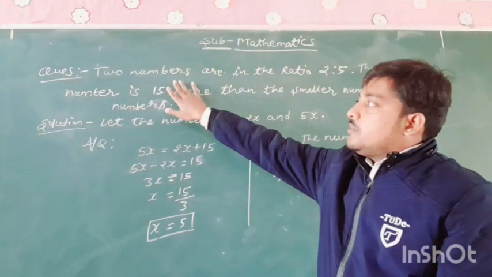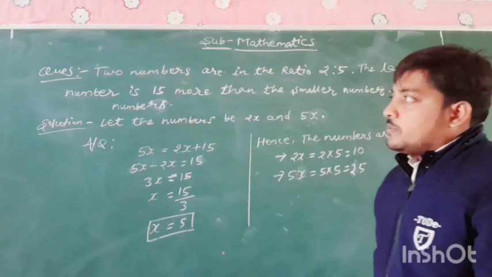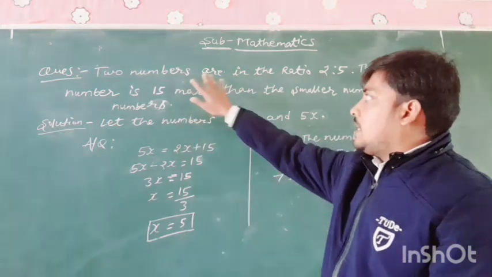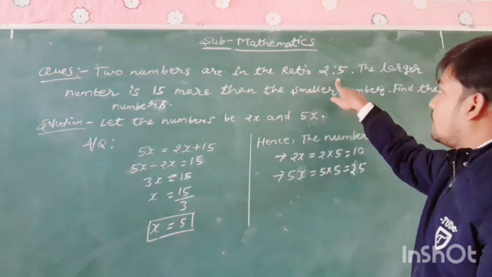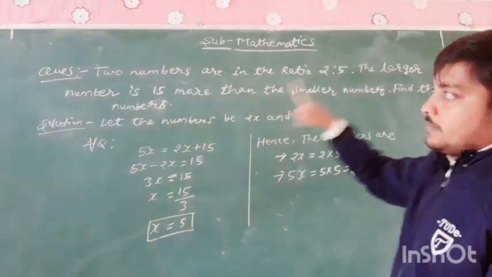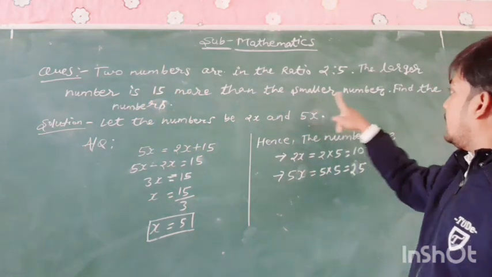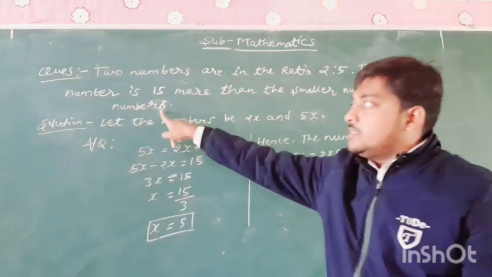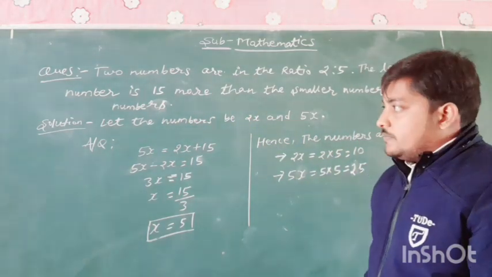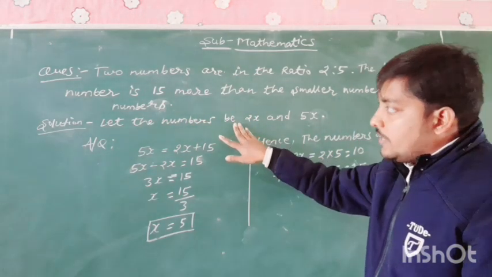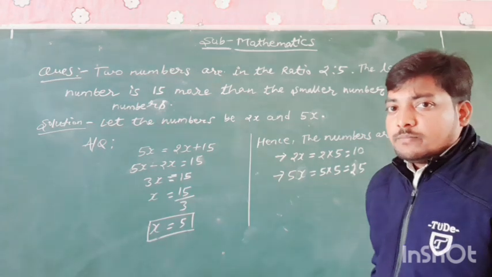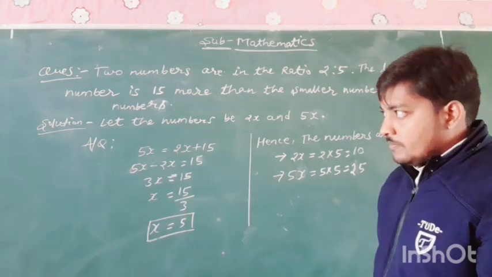This is the question of chapter ratio and proportion. Question is, two numbers are in the ratio 2:5. The larger number is 15 more than the smaller number. Find the numbers. First of all, we have to let the common ratio of both numbers, which is x.